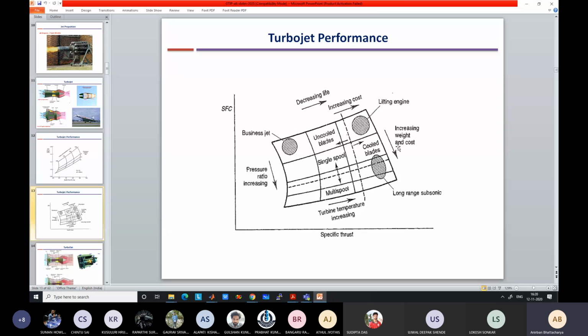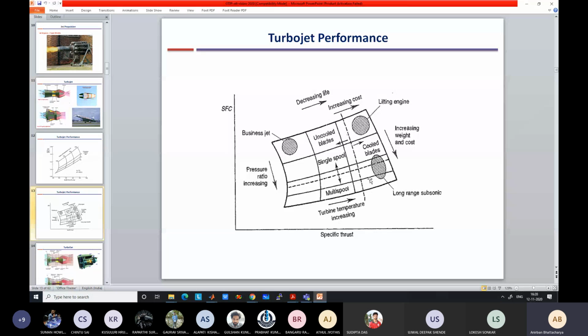Then the most important criteria for them is low fuel consumption and high specific thrust. So they will look at some region in the performance map like this, and based on that they can decide that okay, for this we will need multi-spool and also sophisticated turbine cooling. Okay, but that will lead to more initial cost.